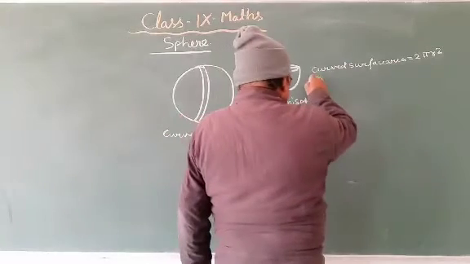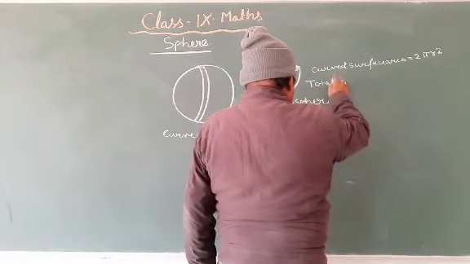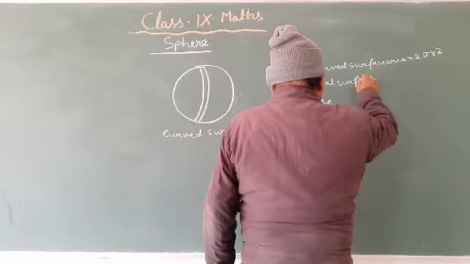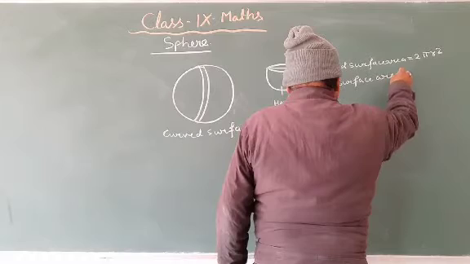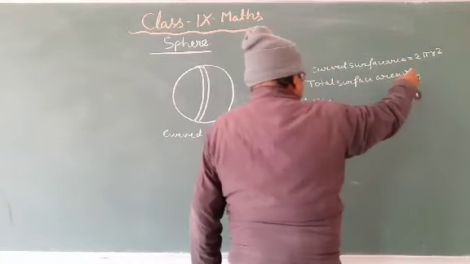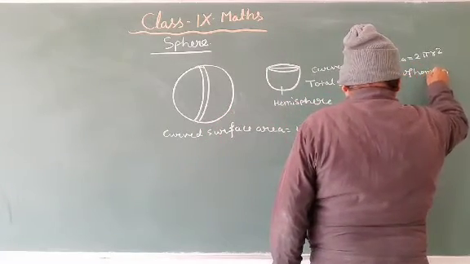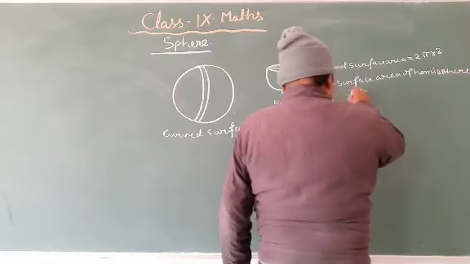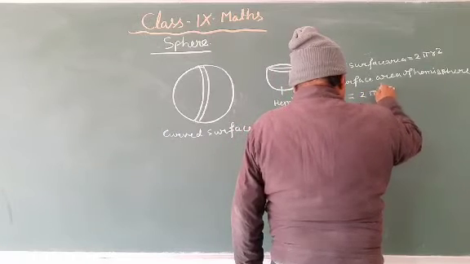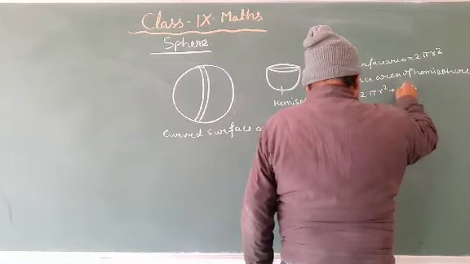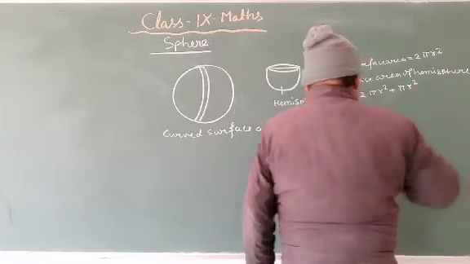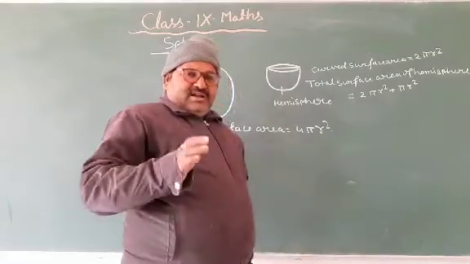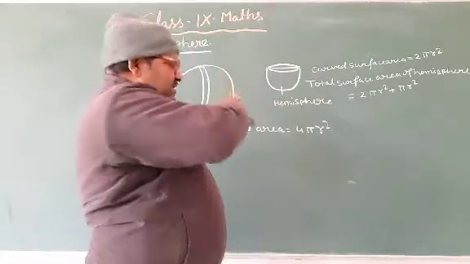total surface area of a hemisphere is equal to 2 pi r square plus pi r square. Pi r square is the area of the circular base.